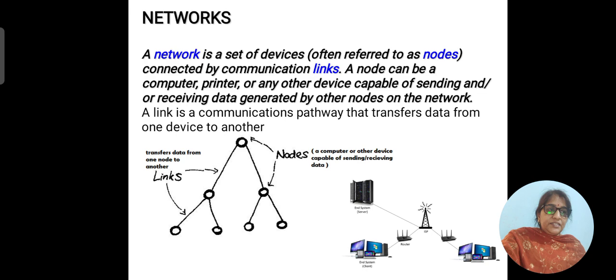So from this figure we come to know that a network is nothing but a set of devices connected by communication links, that is, nodes. A node can be a computer, printer, or any other device capable of sending or receiving the data generated by the other nodes on the network.